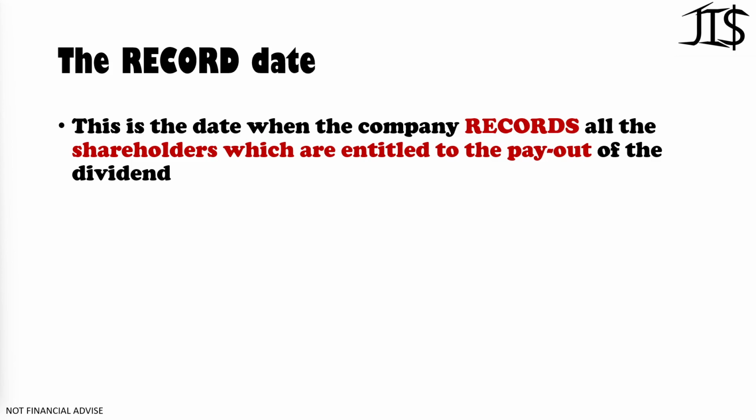Still, the next day, their broker will report their names to the company, and they will write down, I should pay out so many dividends to that broker because at that broker, that person had that amount of stocks of our company, so that broker needs to receive that amount of money to be able to pay out their client.